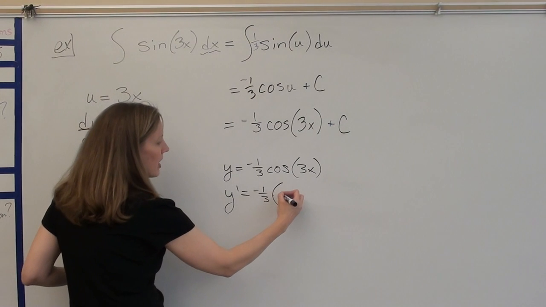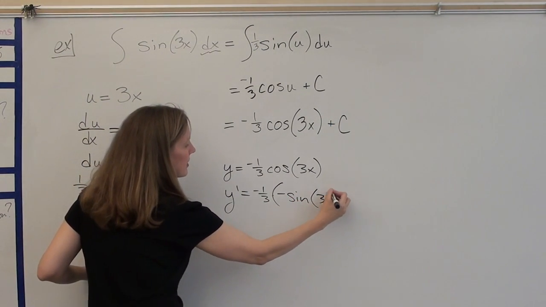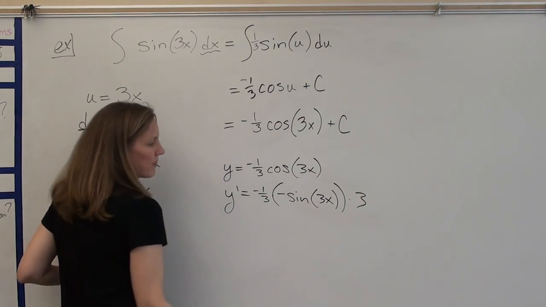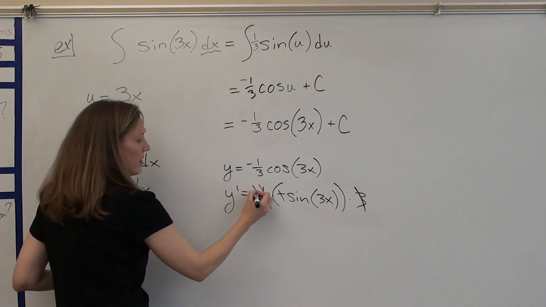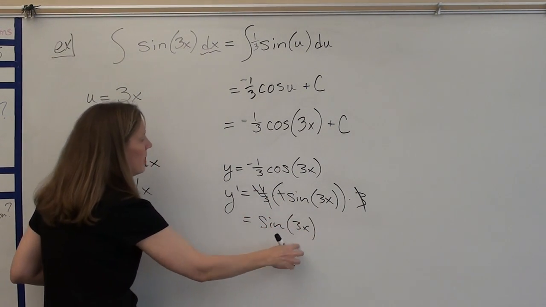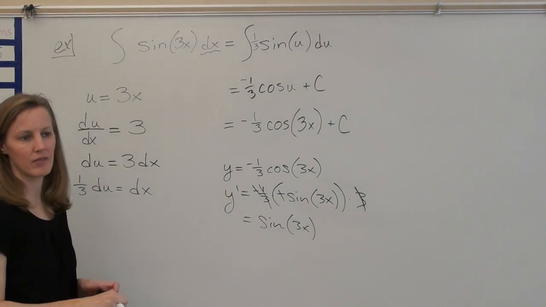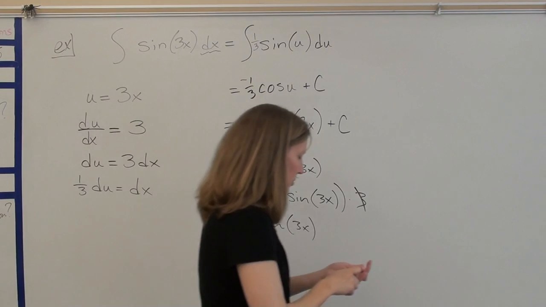Negative sine. So I get negative sine 3x times 3. The 1/3 and the 3 cancel, and the negatives cancel, and I end up with sine 3x. Look at that, it's what I started with. Okay, so it worked.